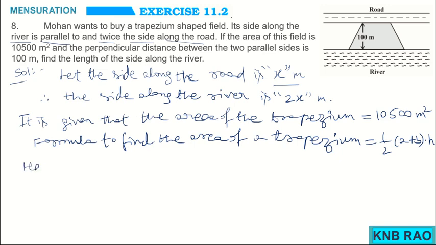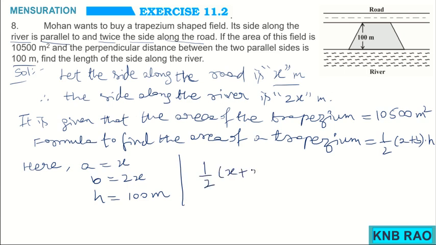Here one side is x and the other side is 2x, and the distance between them is 100 meter as they give. So by substituting them, half into x plus 2x into 100 is equal to 10,500 meter square as they have given.